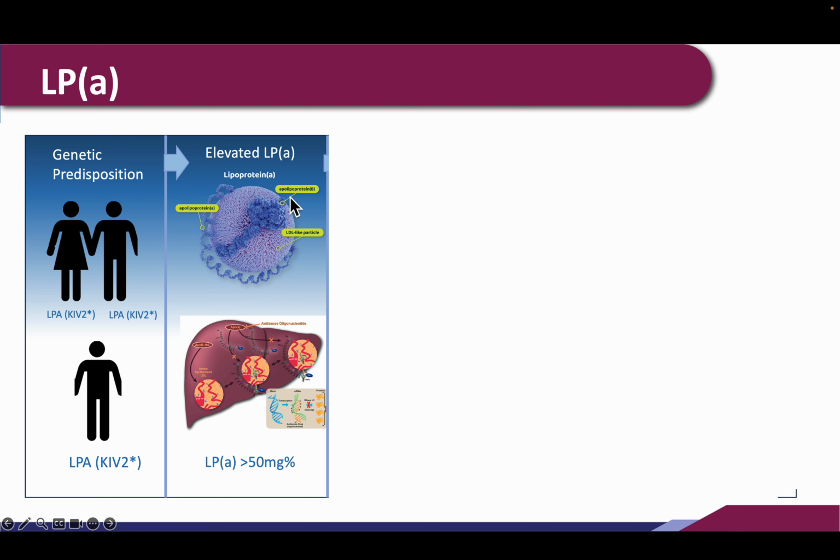LP little a is a lipoprotein molecule which resembles an LDL, but there is a kringle particle along with this, which looks exactly similar to plasminogen, and this kringle produces thrombogenic events. There is an oxidized LDL here, the oxidized lipids present. Oxidized lipids are also very highly atherogenic.